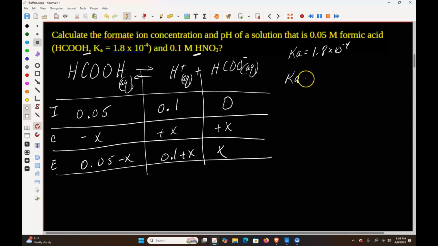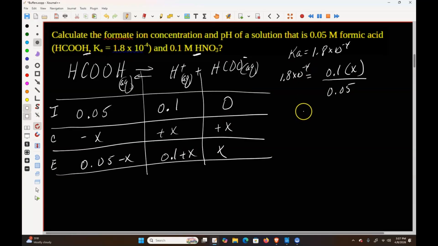So Ka is going to equal 0.1 times x over 0.05. And we know the Ka here is 1.8 times 10 to the negative 4th.